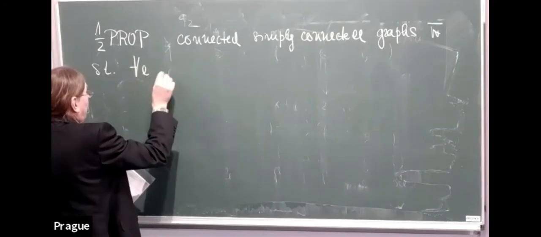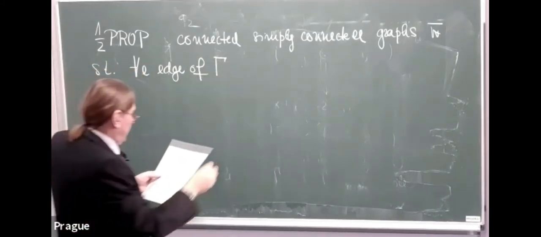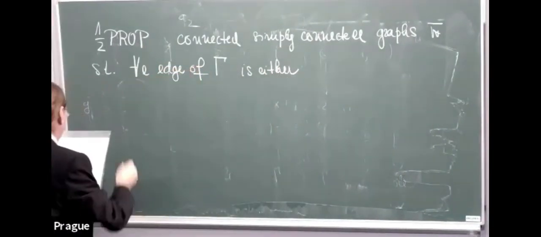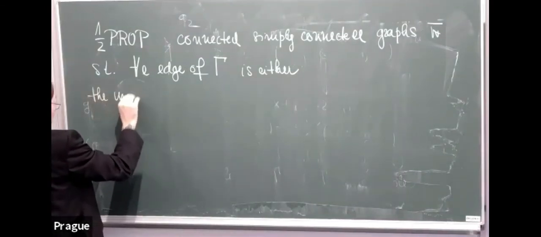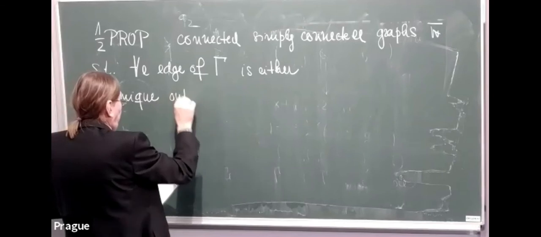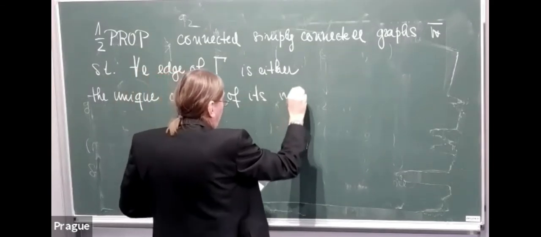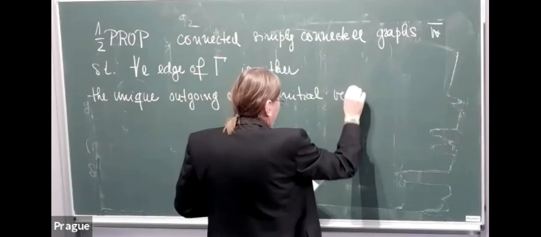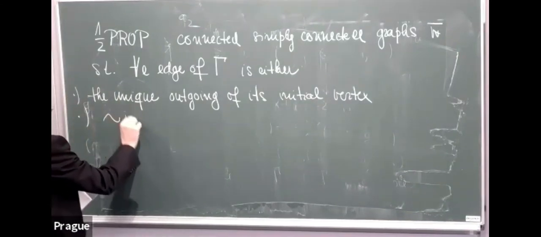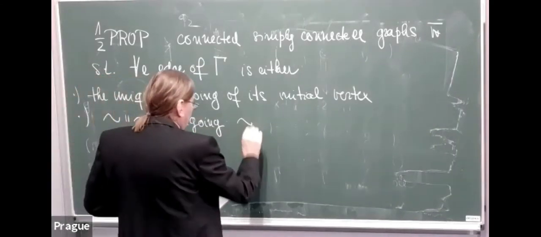Each edge of gamma is either the unique outgoing edge of its initial vertex, or, so this is either or, the unique ingoing edge of its terminal vertex.